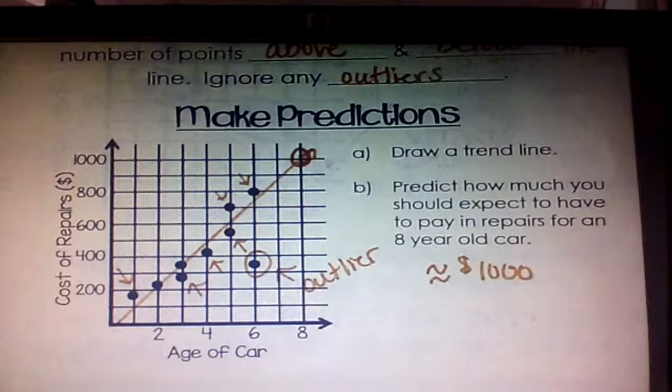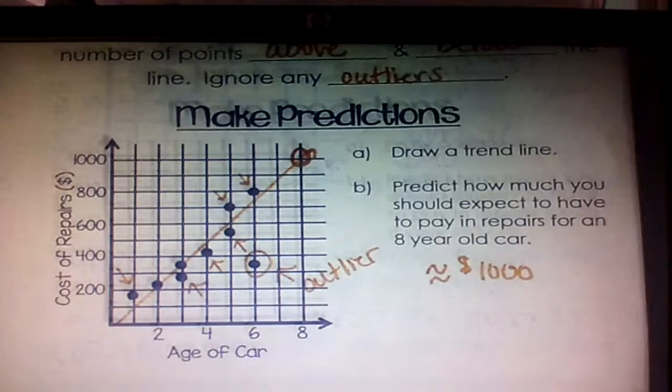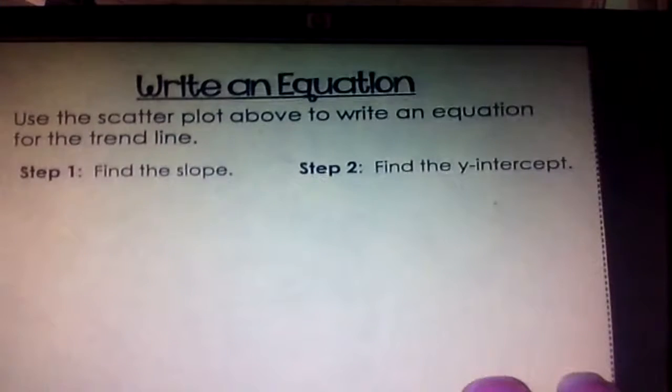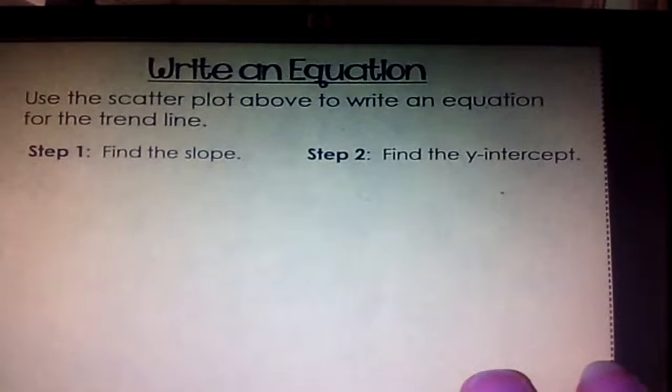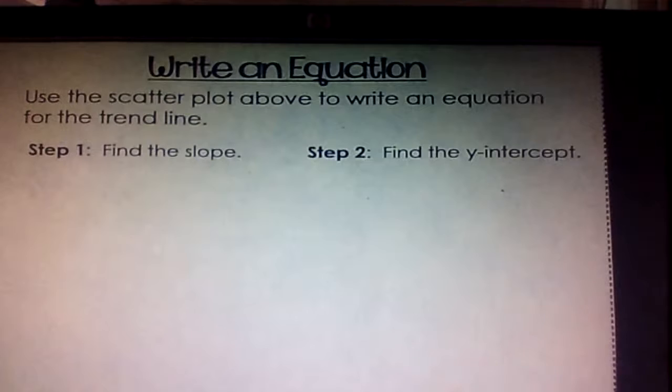We're definitely going to deal with this more next week. But let's get a general sense of what we're going to do next week. Next week, I'm going to show you how to do all this by hand. Then I'm also going to show you that your calculator will do this for you.